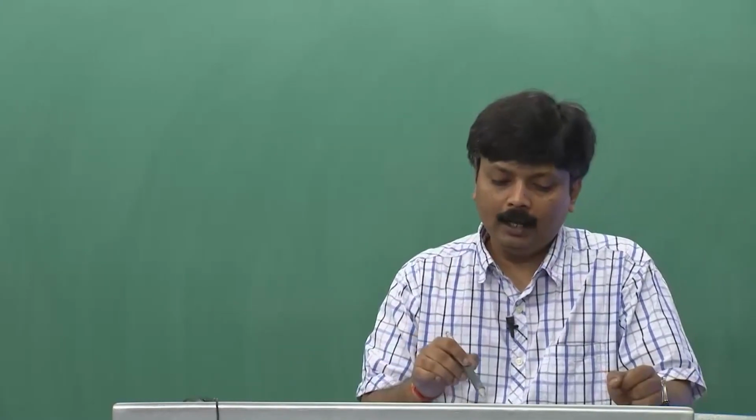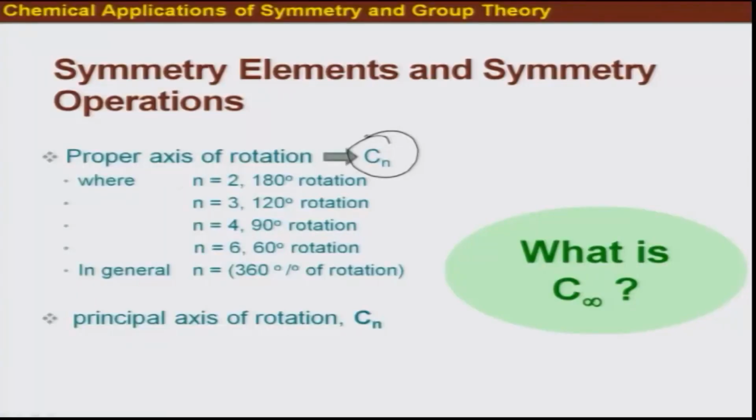So you can see that for Cn, n equals 2, we have a 180 degree rotation. If I have a 120 degree rotation and we can get an indistinguishable object, then this n here that is written in this Cn is called the order of rotation. Okay. So for a 120 degree rotation, you have an order equal to 3.